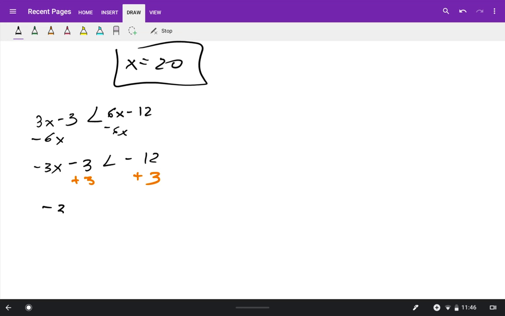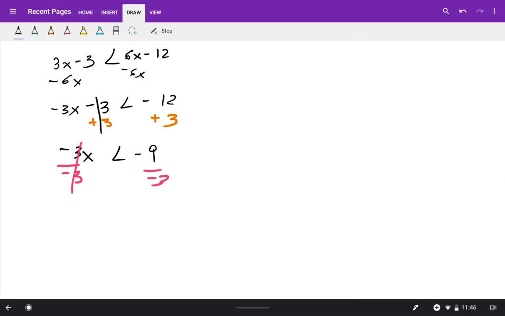We have negative 3x less than negative 12 plus 3, which is negative 9. And last step, divide each by negative 3. So that will give you x. Just remember, only when you divide by a negative, you're going to flip the inequality sign. So it will become greater than. Negative 9 divided by negative 3 will give you positive 3. So x greater than 3 is the solution.